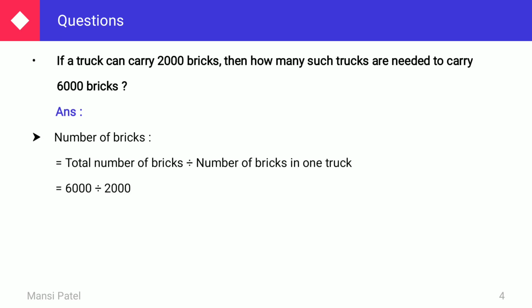6000 divided by 2000. Now you can see here the last three zeros and the last three zeros. In both numbers, the last three zeros are the same. So just cancel that.